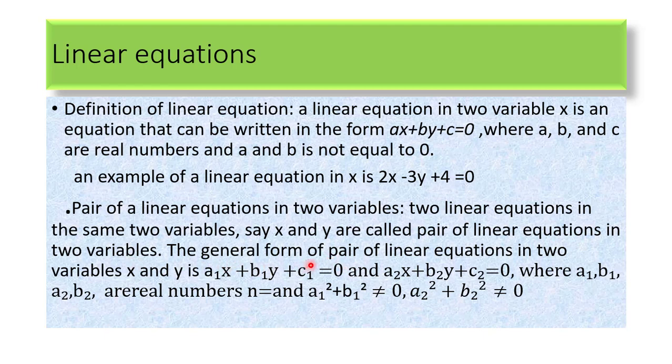The general form of pair of linear equation in two variables x and y is a1x plus b1y plus c1 equal 0 and a2x plus b2y plus c2 equal 0, where a1, b1, a2, b2 are real numbers and a1 square plus b1 square not equal 0 and a2 square plus b2 square is not equal 0.